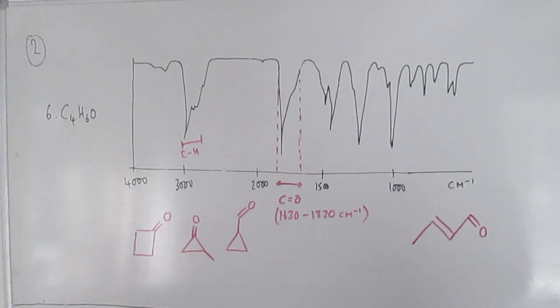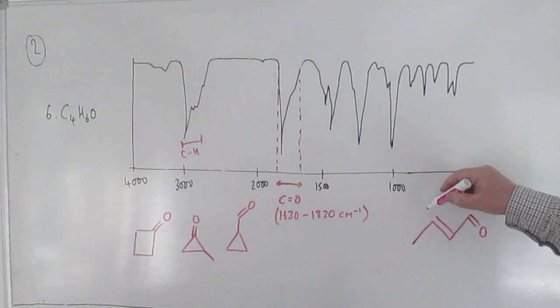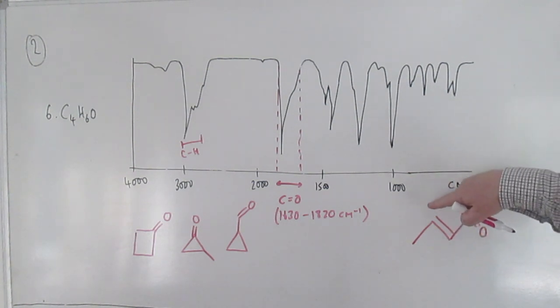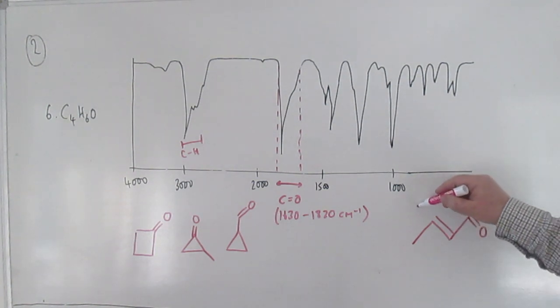Okay, so that fits the molecular formula. So you've got C4H6O, you've got 3 hydrogens there, 1, 1 and 1. And that one of course does have EZ isomers because each of the carbons of the double bond has 2 different groups attached.